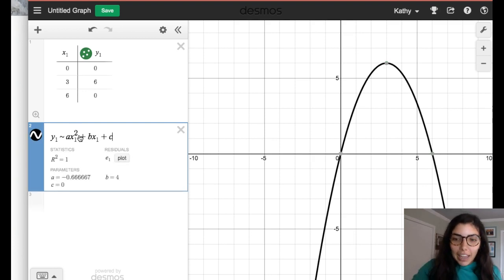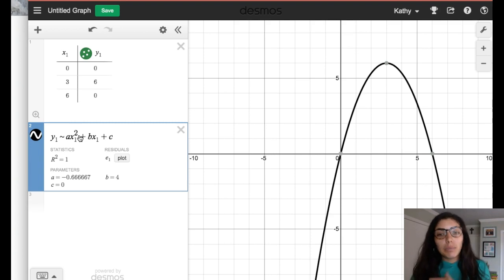Both the a and the b here, the x's get the 1's next to them or else you're not doing it correctly. And the x for the first part is both squared and has a 1 underneath it. That's a lot. Let me say that again: y₁ squiggly line, a x₁ squared. Make sure there's both a squared and a subscript of 1 there, plus b x₁ plus c.